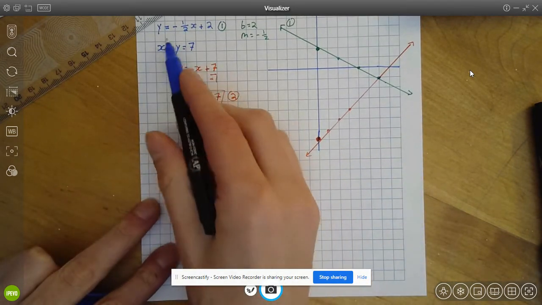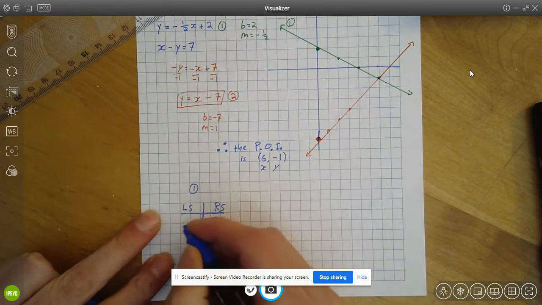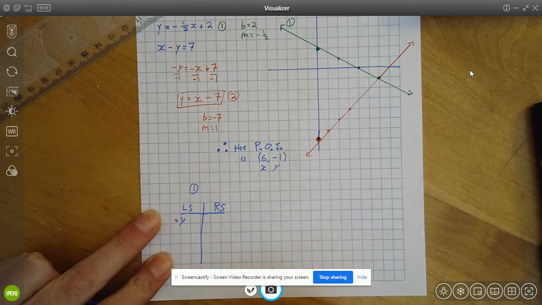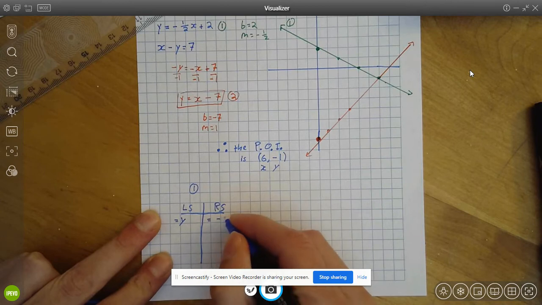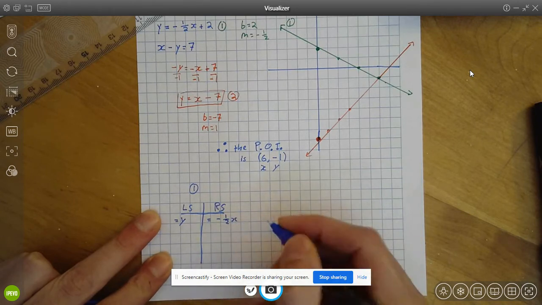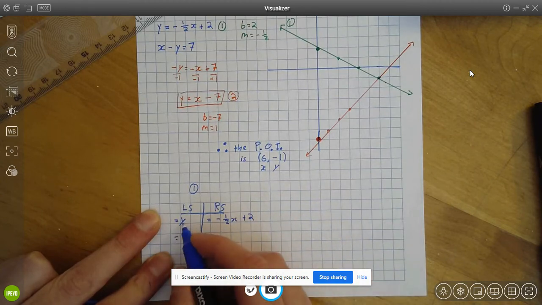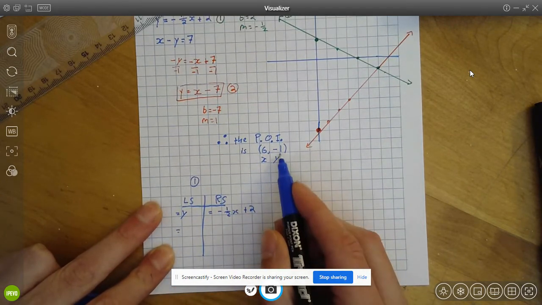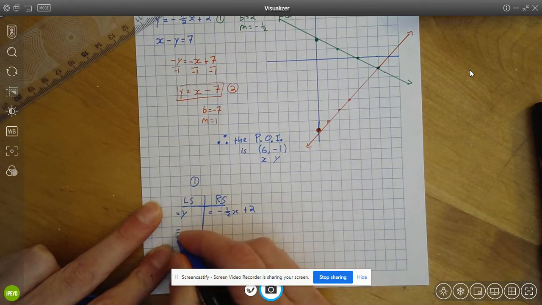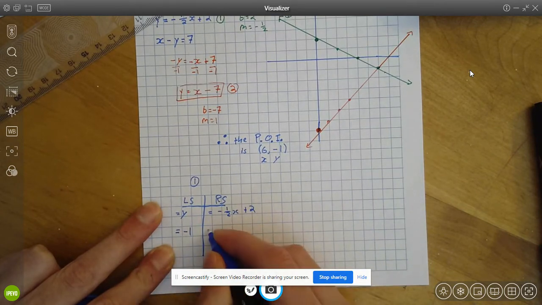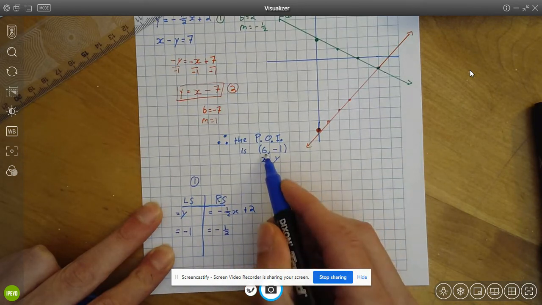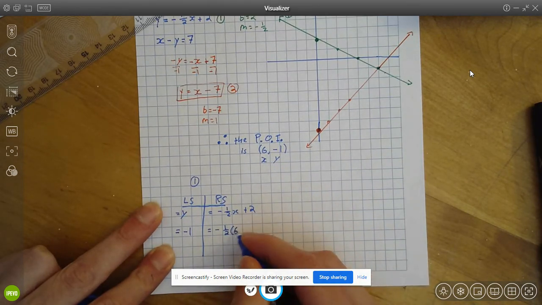So the left side of equation 1 was just y, and the right side was negative half x plus 2. Wherever I see y, I'm going to replace it with what I think y is. So I'm going to replace y with negative 1, and x with what I think x is, which is 6.